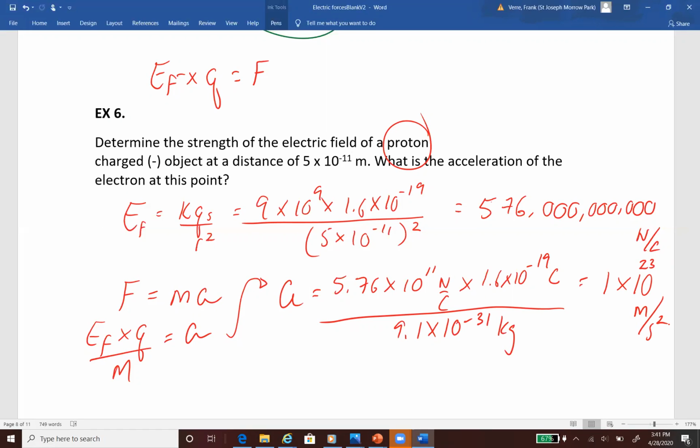Can you kids verify that? Yeah, I got the same thing. Okay, now let's think about how ridiculous this acceleration would be: 1 times 10 to the 23 meters per second squared.